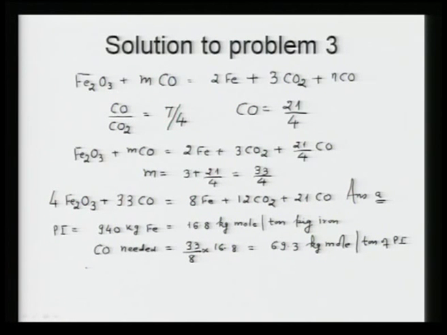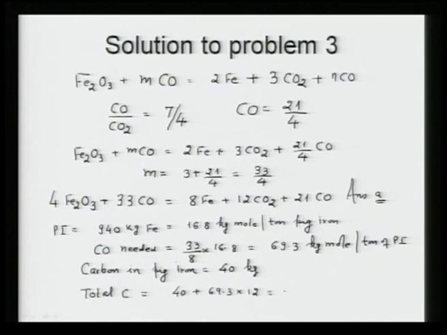Now, it is also said carbon in pig iron is given to us. Carbon in pig iron is 40 kg. This carbon has to come from somewhere, so this carbon is also coming from the coke. So, total carbon used will be equal to 40 kg plus 69.3 kg moles multiplied by 12 kg.